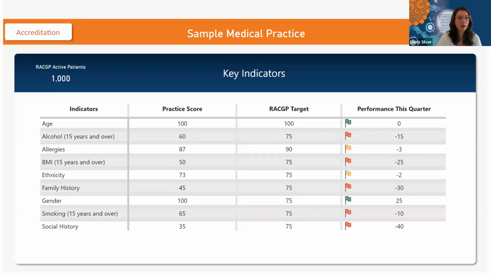So in my case, my sample practice, maybe I could pick allergies, and seeing that I only need 3% improvement to be on target, looking at my RACGP active patients, I can see that it's roughly 30 patients that I have to improve. And I can consider whether it's feasible in my time frame.